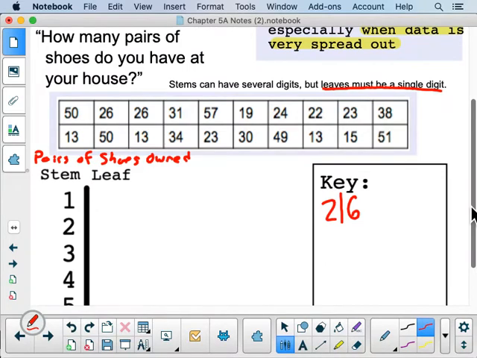A stem of 2 and a leaf of 6 would mean 26 pairs of shoes. This is an important step because you have to make sure you're telling the reader exactly what your graph is saying. It could mean 2.6, it could mean 26, it could mean 260. That's what your key is there to show.